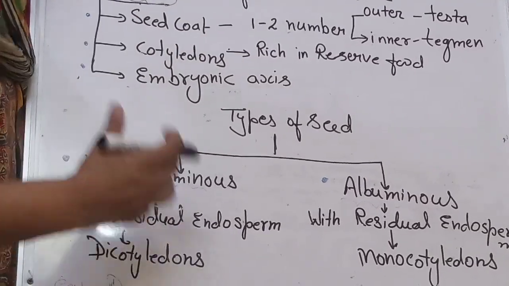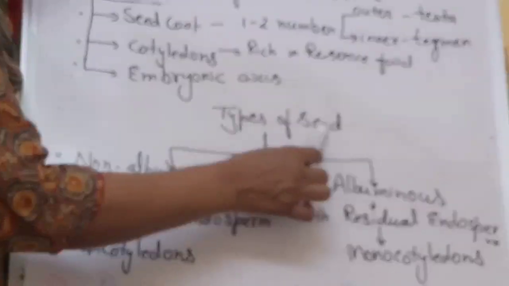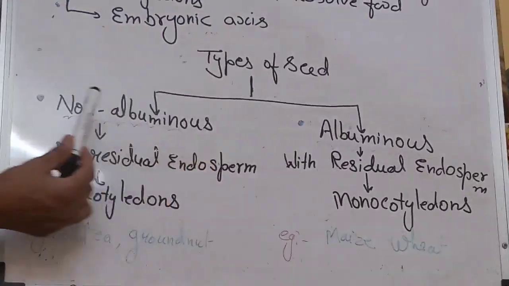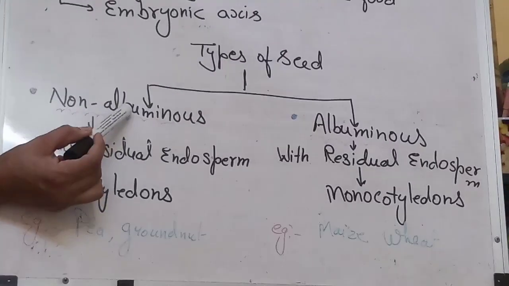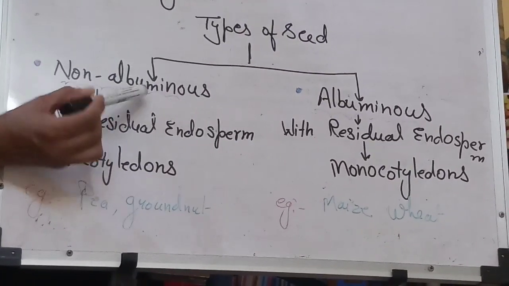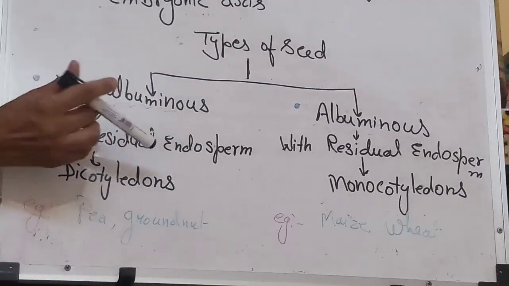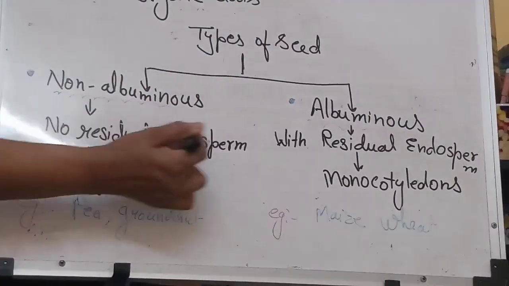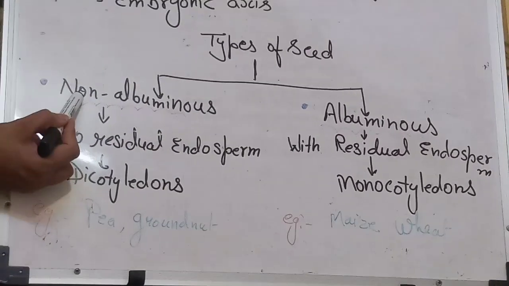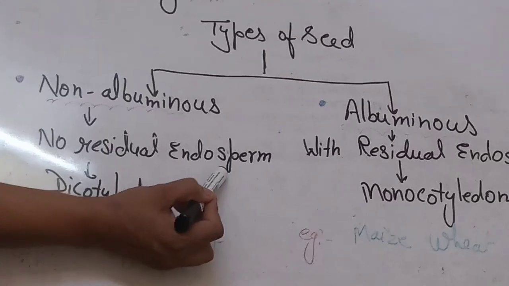A number of questions come from the types of seeds. You have to understand all the terms and meanings. Types of seed are mainly 2 types. One is non-albuminous. Non-albuminous seed means there is no endosperm, no albumin, no specific protein which contains albumin. So it is called non-albuminous. With that there is no residual endosperm.